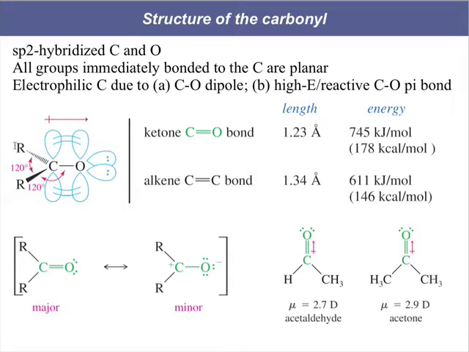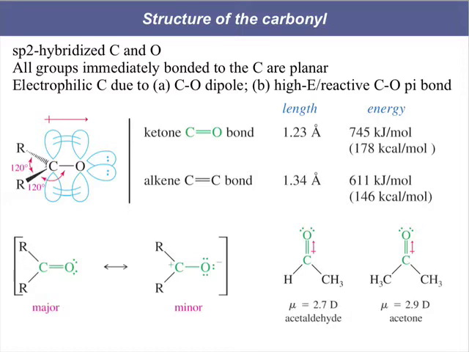So in a ketone, the two R groups are planar, and in an aldehyde, the R and the H group would be planar. Also, just note that because the oxygen is also sp2 hybridized, it too is planar, which means that its two lone pairs are going to be in the same plane as the two groups on the carbon.